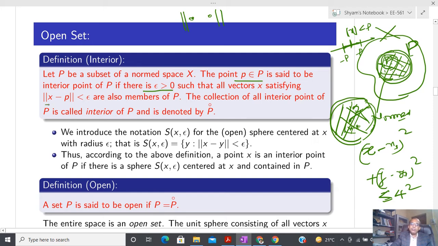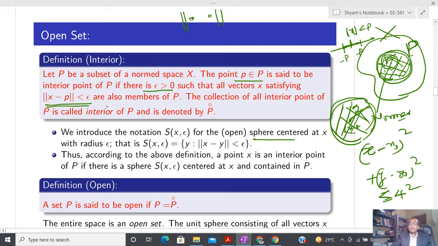The norm will give you some way to define a ball, and I have infinitely many norms, so infinitely many ways to define the ball. If that satisfies for all members of P, then that is called an interior point. So basically whenever we define the interior point, we are defining it with the help of a sphere which is centered at x with radius epsilon. So the same kind of thing I am telling.